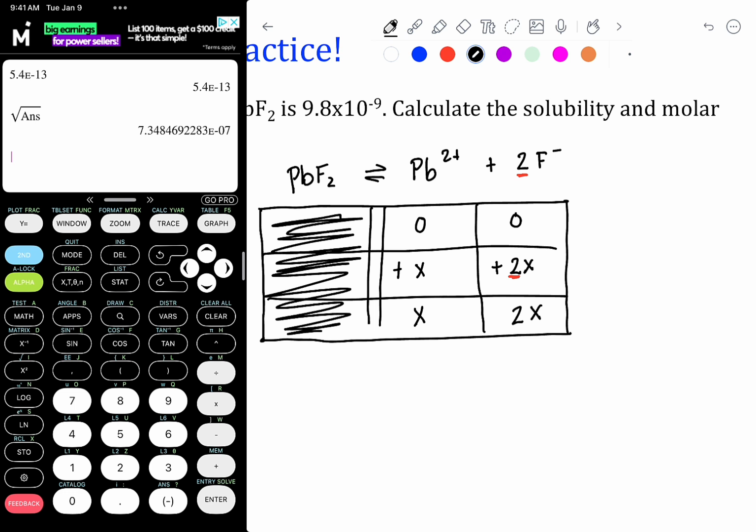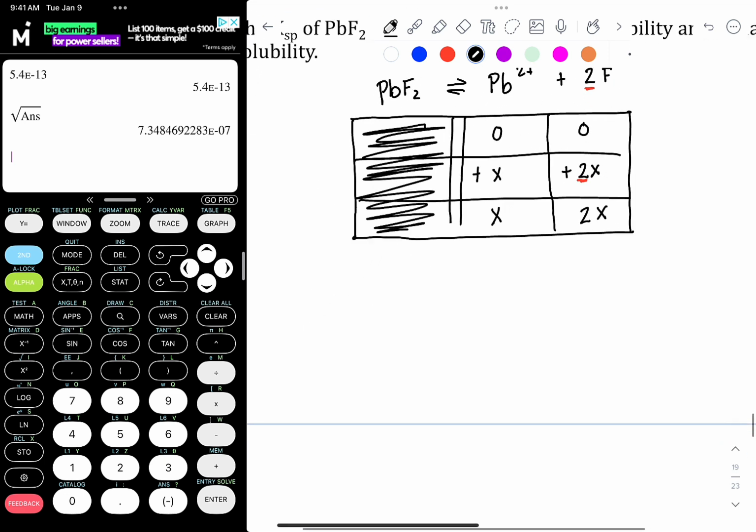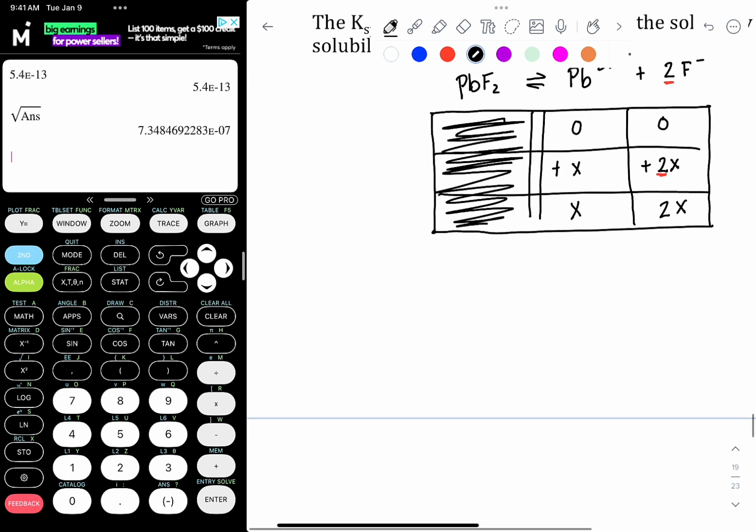So now that we have our ICE table set up, we can plug everything into our KSP expression. I'm going to write it over here: KSP is equal to the concentration of lead times the concentration of fluoride. But again, there's a 2 in front of that, so we have to square it. Now that we have our KSP expression, we can plug in our values.